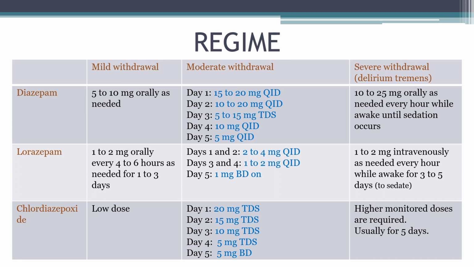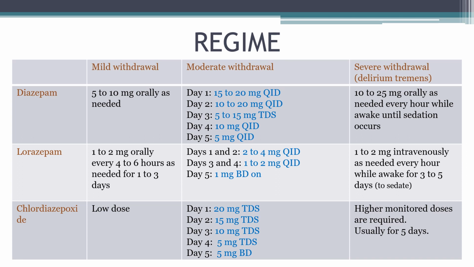For moderate withdrawal, day one is 15 to 20 milligrams QID, which means in 4 divided doses. Then reduce it to 10 to 20 milligrams QID for day 2, and day 3, 5 to 15 milligrams QID. Day 4 is 10 milligrams QID. Day 5 is 5 milligrams QID. Then the drug can be stopped. In severe withdrawal, 10 to 25 milligrams orally as needed every hour while awake until sedation occurs.